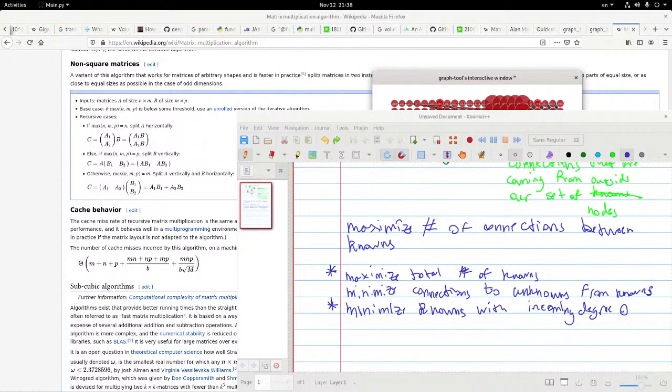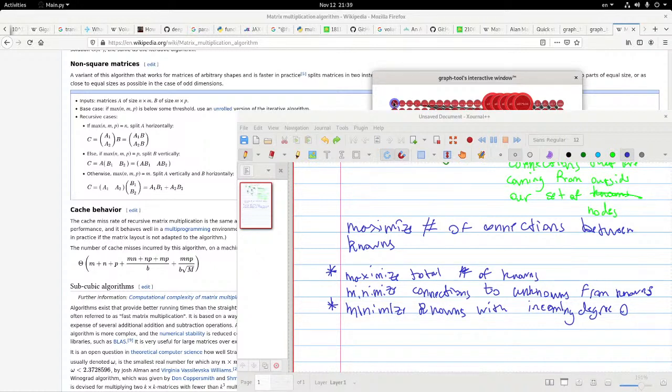So how do I get an algorithm to actually do this? I was thinking, what if I just use a greedy algorithm, right? What if I just set my partitions, and then I go through and take a node, right?